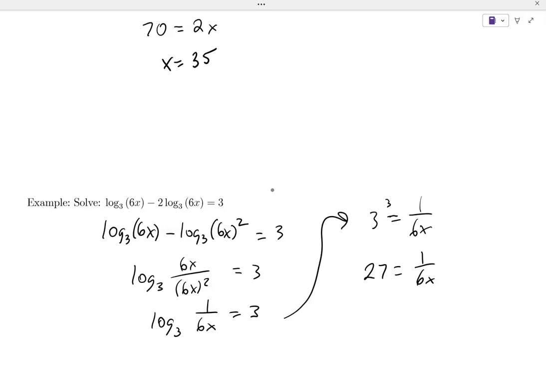Multiply the 6x over. 6 times 27 is what? 162? And then divide by the 162.